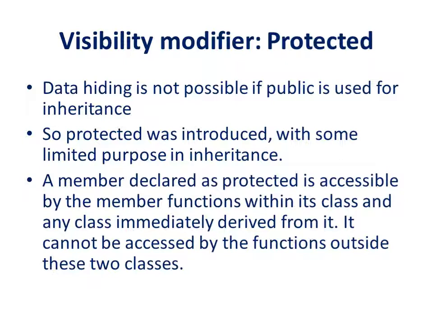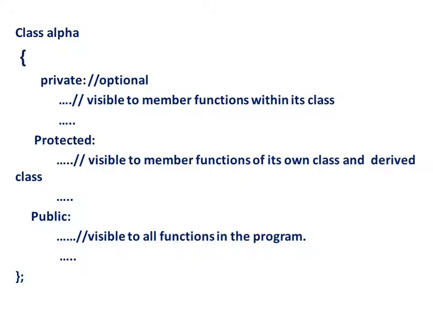A member declared as protected is accessible by the member functions within its class and any class immediately derived from it. It cannot be accessed by functions outside these two classes. So it is easy for us to inherit the properties of the base class in my derived class.